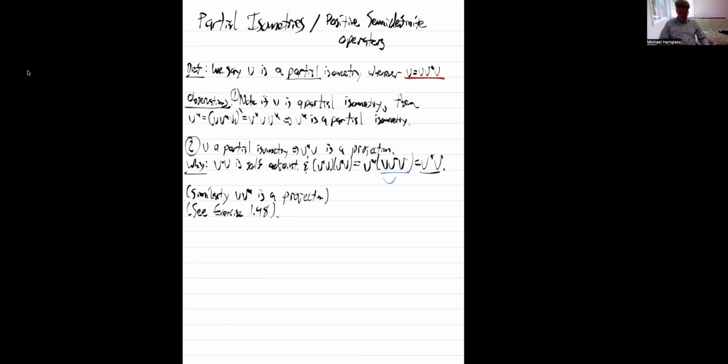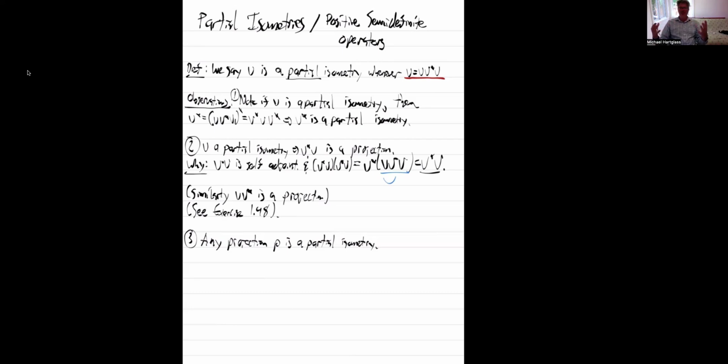One other observation to make before we go on. Note that any projection P is in fact a partial isometry. It isn't as useful to think of it as one, but it's nice that it is there.